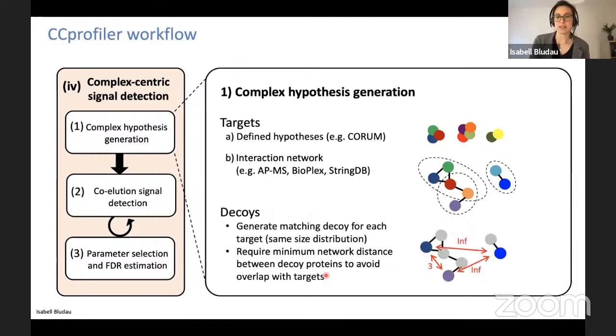And then in the second step, we generate a decoy database with a matching decoy for each target. And what we require is that the proteins that are in such a decoy complex are not physically interacting or grouped together in any of the target complexes.